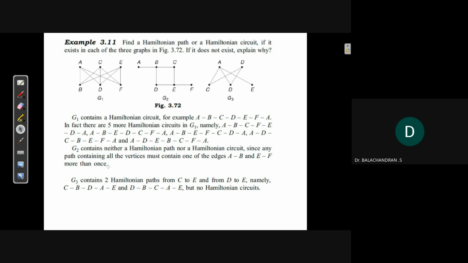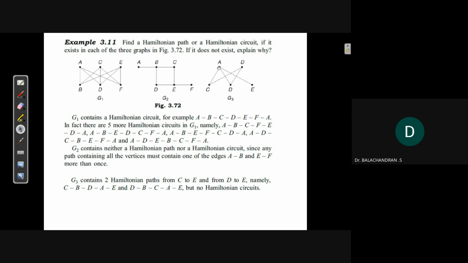That is not allowed in the definition of a Hamiltonian circuit or even a Hamiltonian path. So this graph does not contain a Hamiltonian path, and similarly does not contain a Hamiltonian circuit.